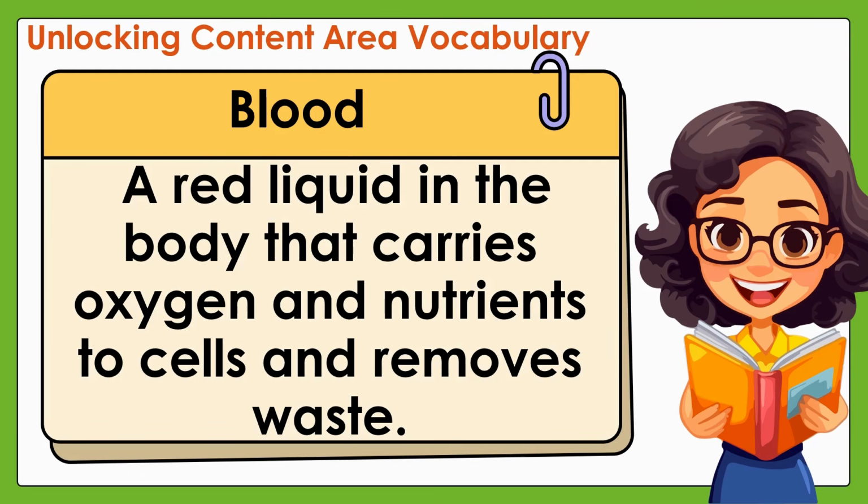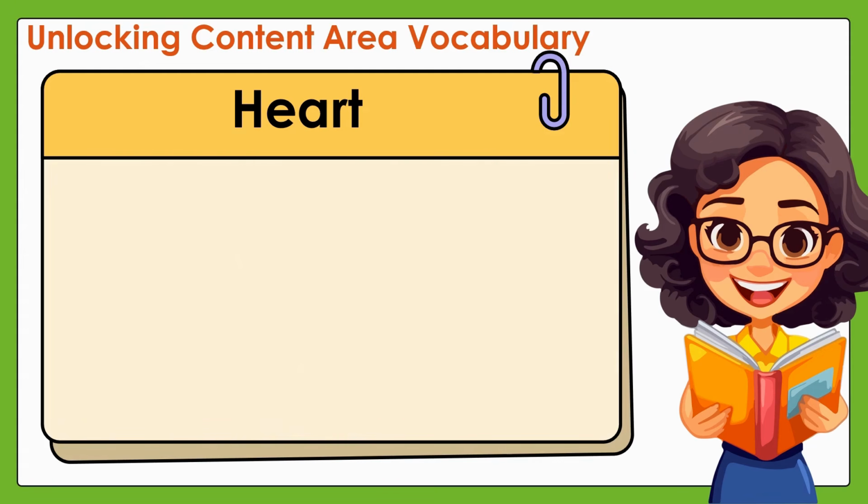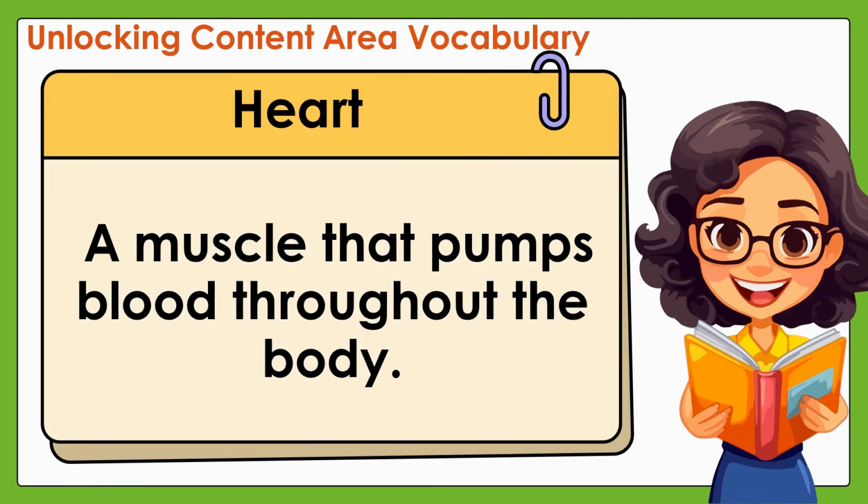Blood is a red liquid in the body that carries oxygen and nutrients to cells and removes waste. Second, heart. A heart is a muscle that pumps blood throughout the body.